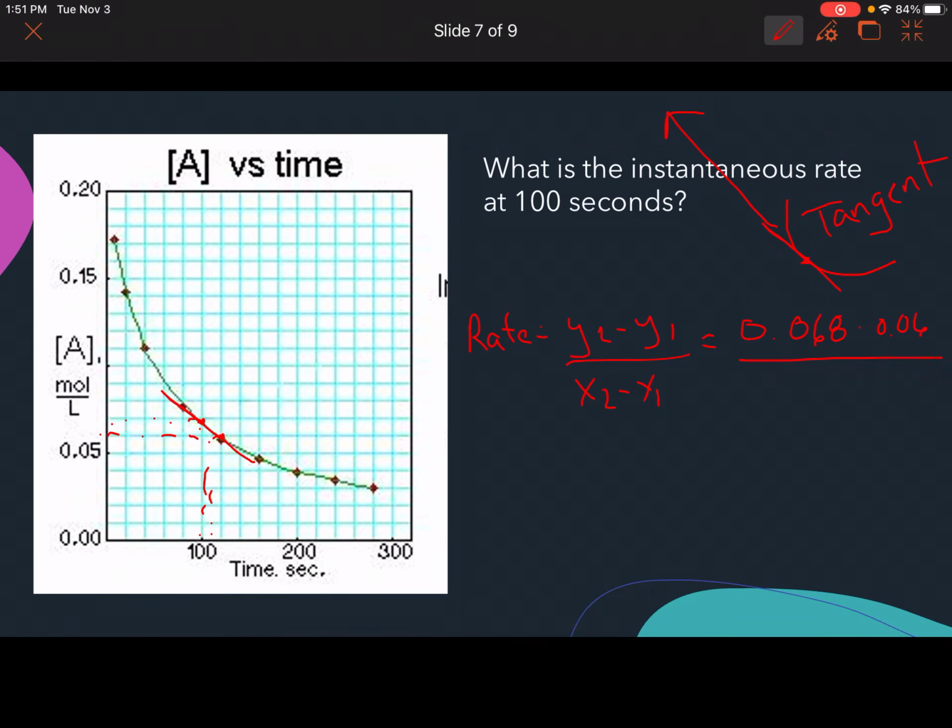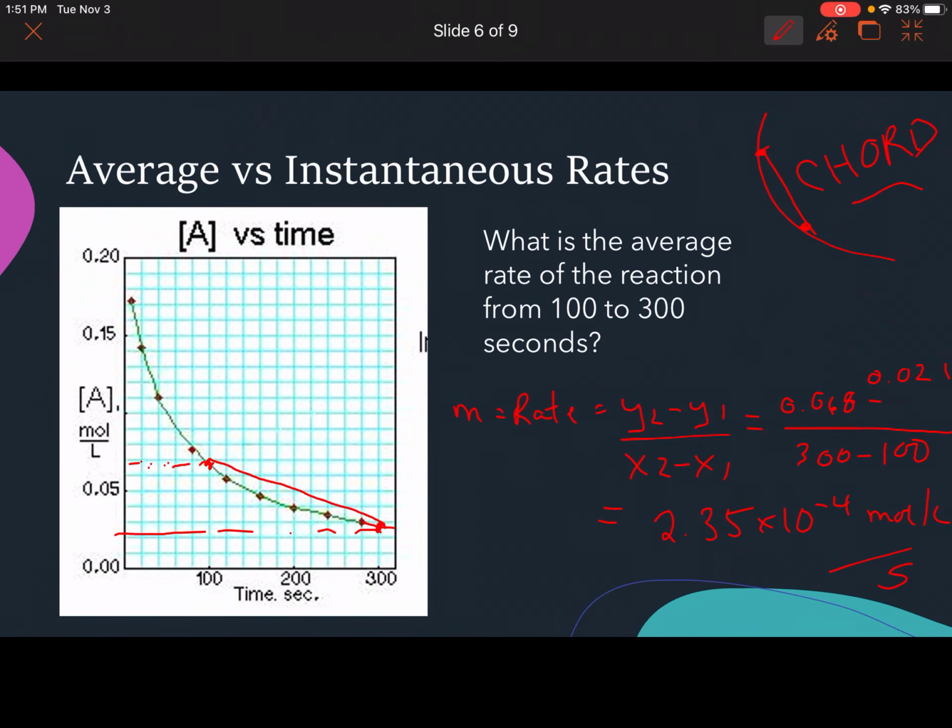And then my x values, y2 minus y1. Yeah, so I'm going to have 100 minus 120. Sorry, I just want to think if I made a mistake here. Oh, I did. Sorry, guys. This should be 100 minus 300 here.